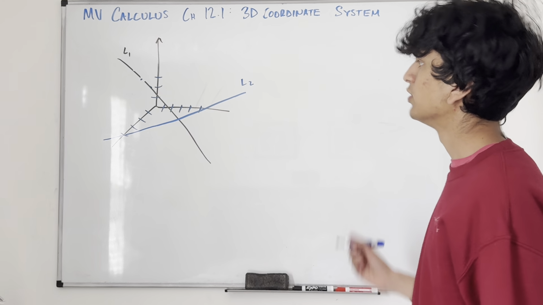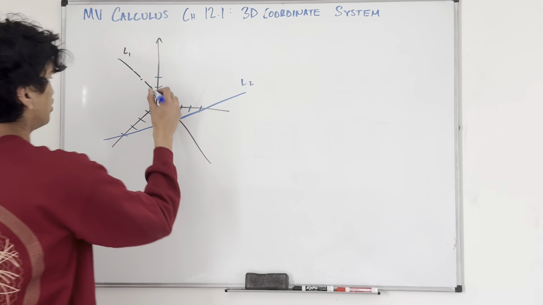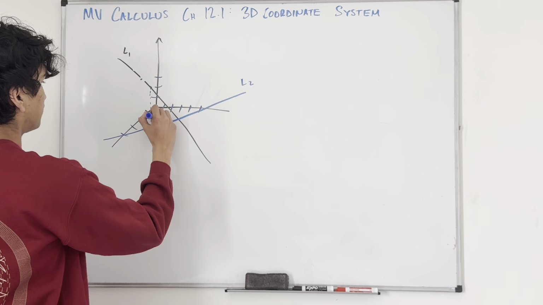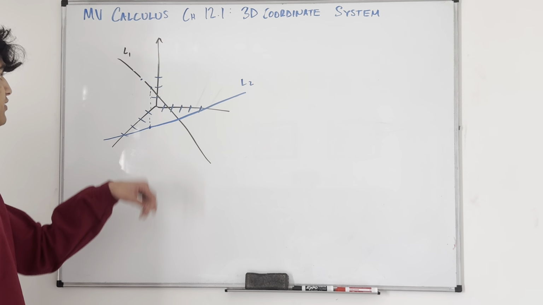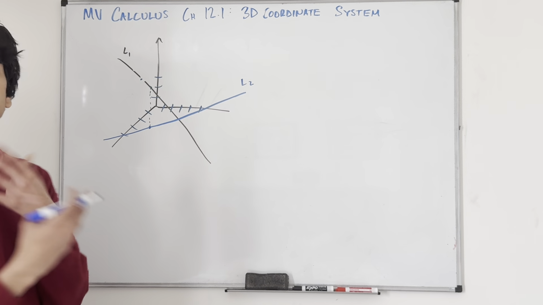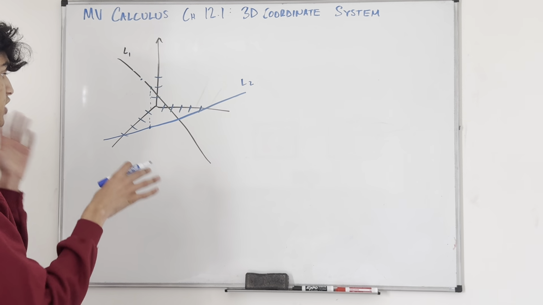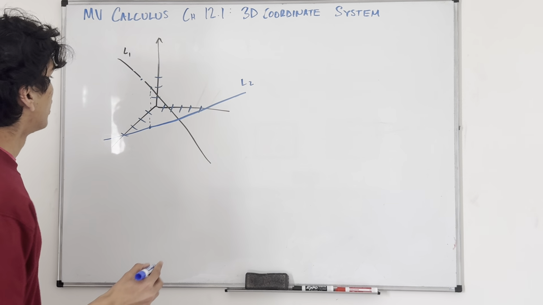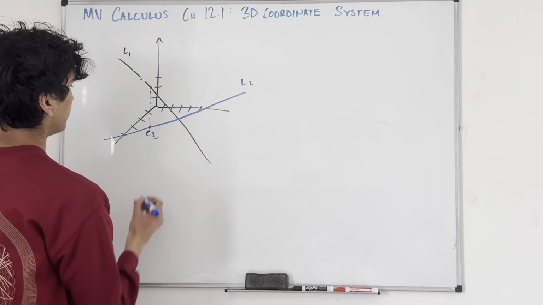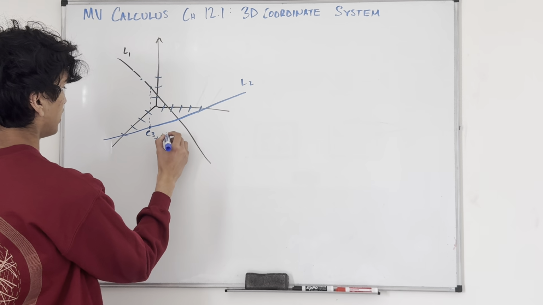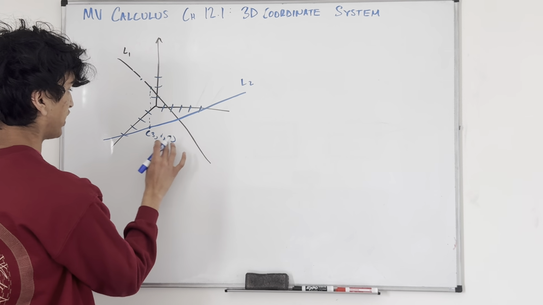Well, you can use a projection, because the point goes directly down to this line. It has the same x and y, but now the z becomes 0. That's the projection onto the XY plane. So you could figure out this is around 3 here, and this is about 1 here, and the projection is 0.